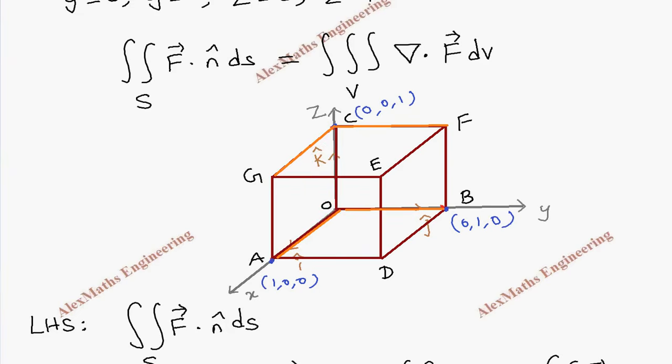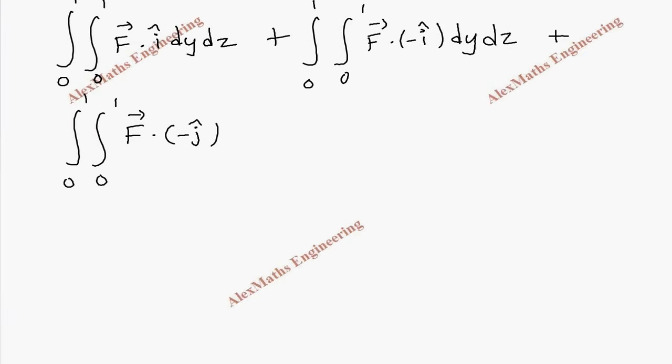So let's write it here. So this will be dx and dz, and the last one, again the right side surface, 0 to 1, 0 to 1, f vector dot j cap into dx dz.